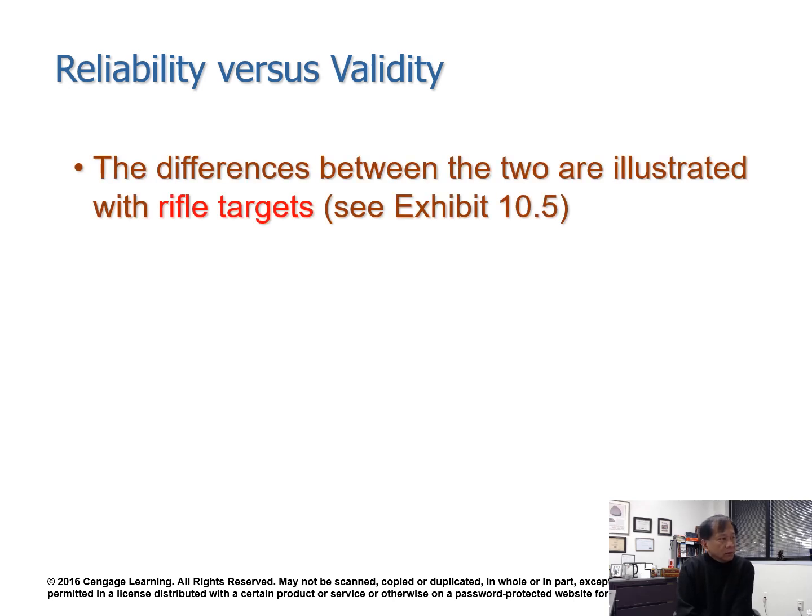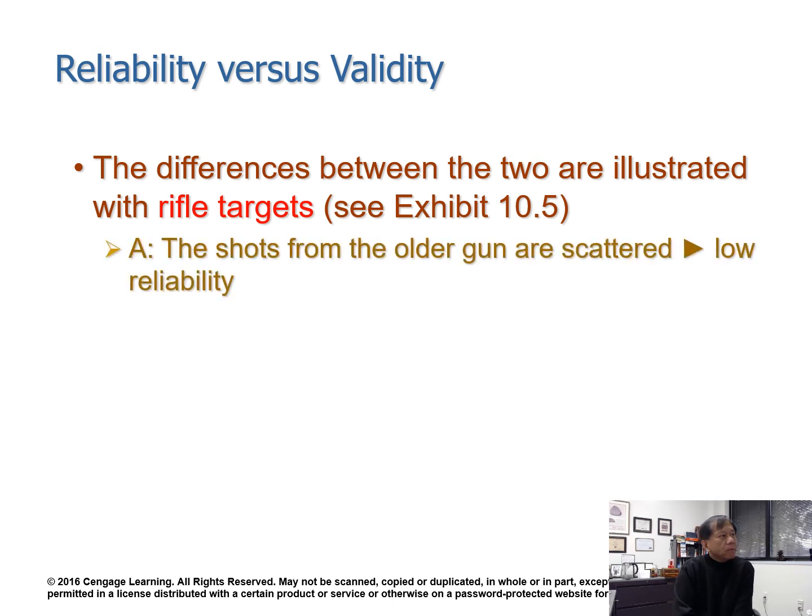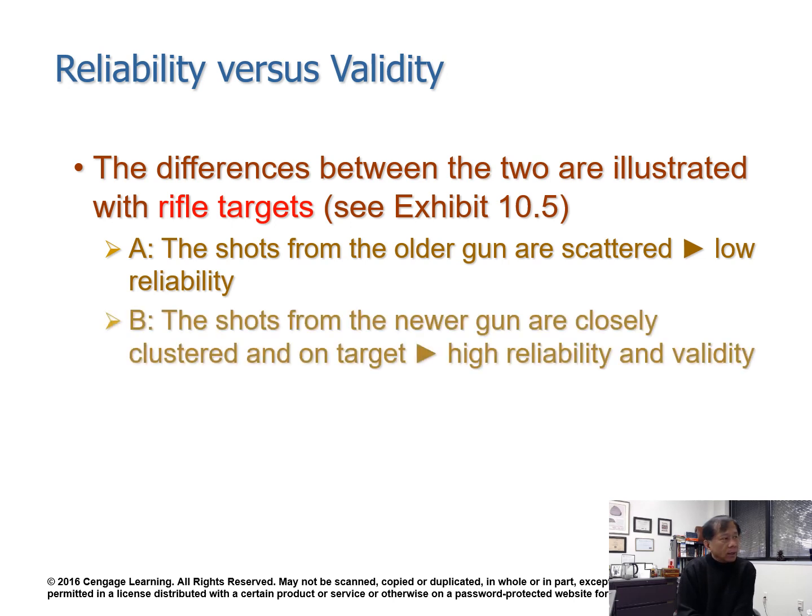Reliability versus validity. The difference between the two is illustrated with rifle targets. Let's look at the example here. The shots from an old shotgun are scattered, so you can say it's not reliable. It has low reliability.